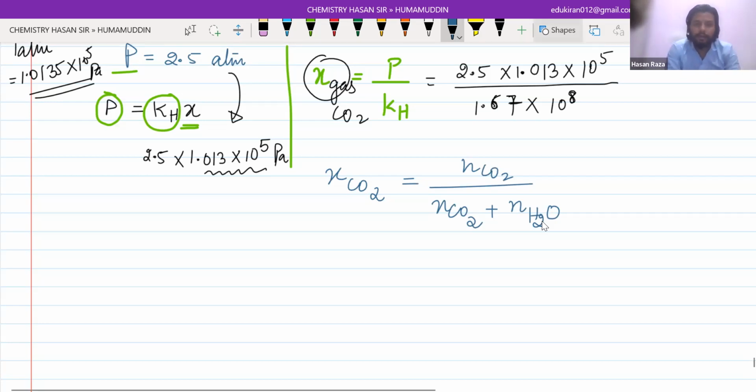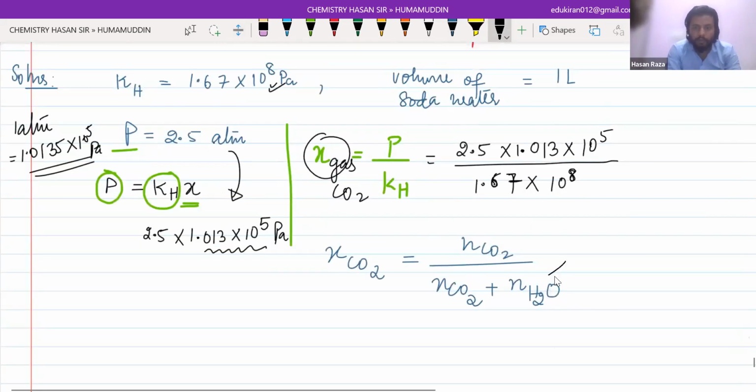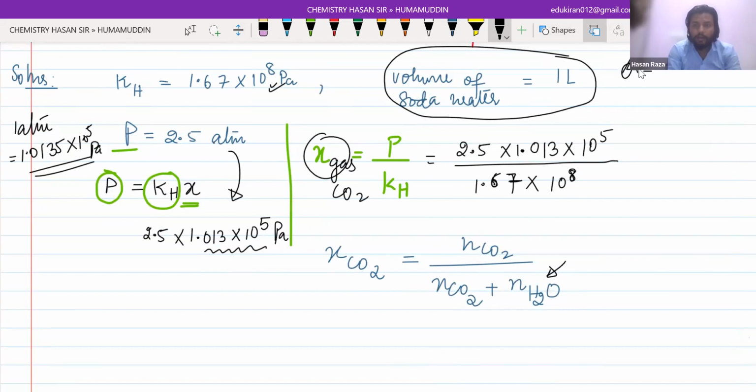So concentrate here. This water, how are we going to calculate the number of moles of water? Since the volume of water is given, and by default we take the density of water. Density of water, you have to remember, this is very easy. It is understood 1 gram per ml. So to calculate the mass, density will be equal to mass upon volume, and here mass will be equal to density into volume.